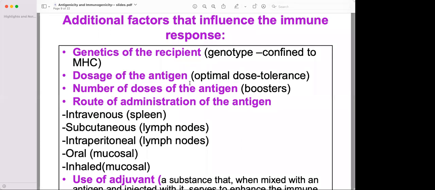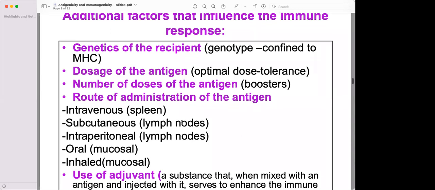Also, the number of doses of the antigen, in which case you may be called upon to administer boosters in patients, not only on trial but even for well-established vaccines like the polio vaccine. You also have the route of administration, which determines how best the immune system will be stimulated.